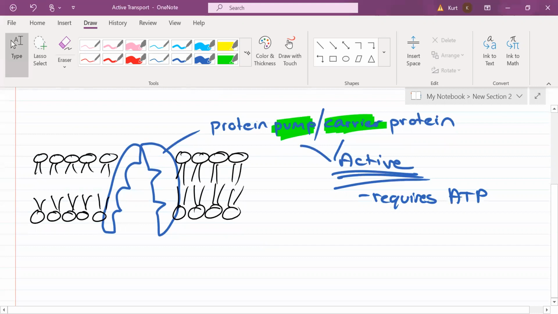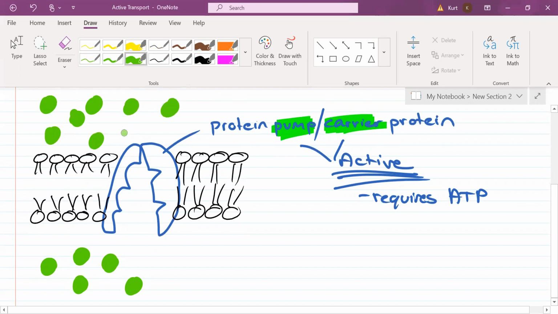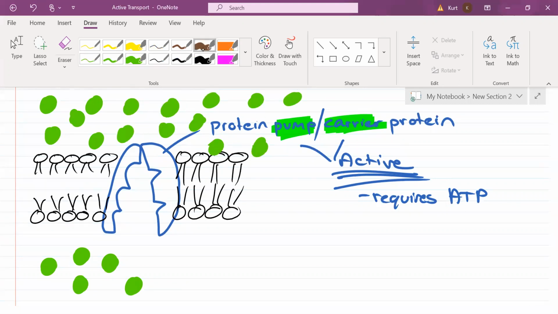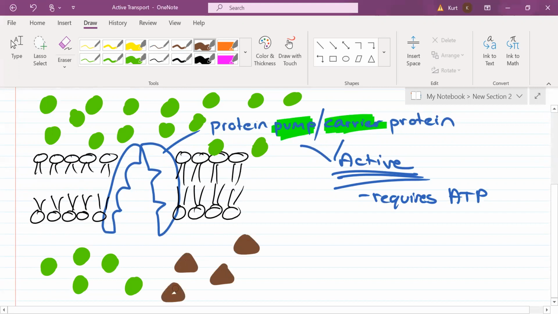So generally, guys, as you saw in the video, every little lime green circle I'm going to draw here is going to represent a sodium. There is some sodium on the inside of the cell, which is the bottom, but there's a lot more outside. And then every little triangle I'm drawing is going to be potassium, and I'll write a key up here somewhere.